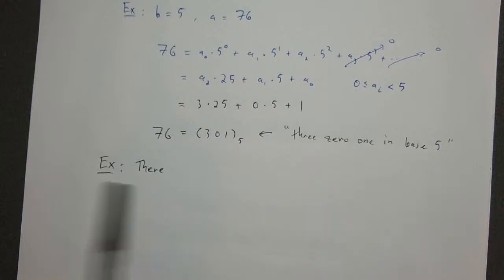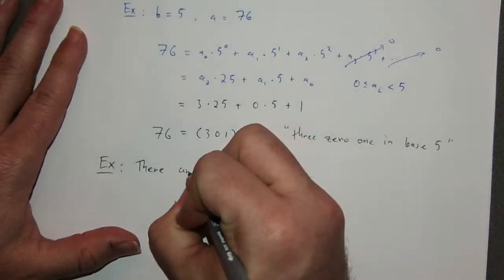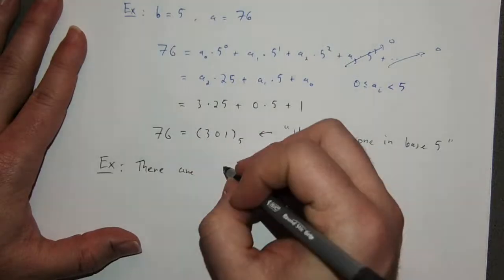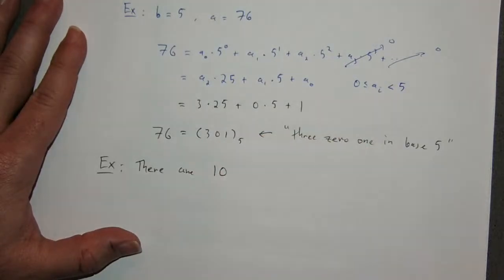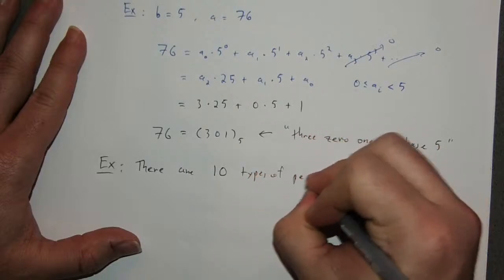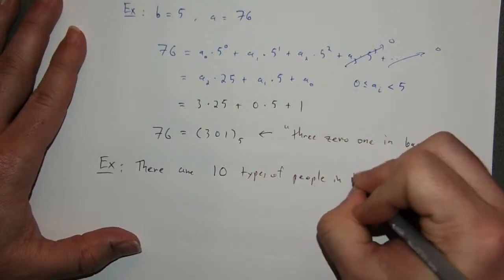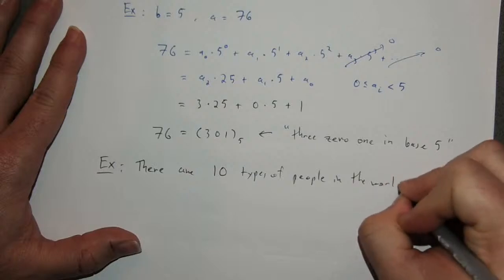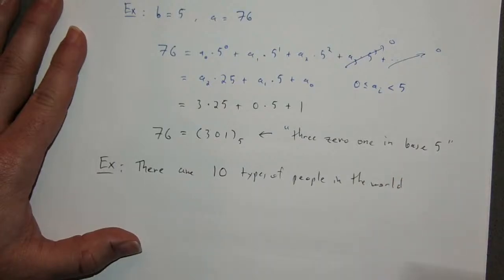So here there are this many types of people in the world, and here they are enumerated out.